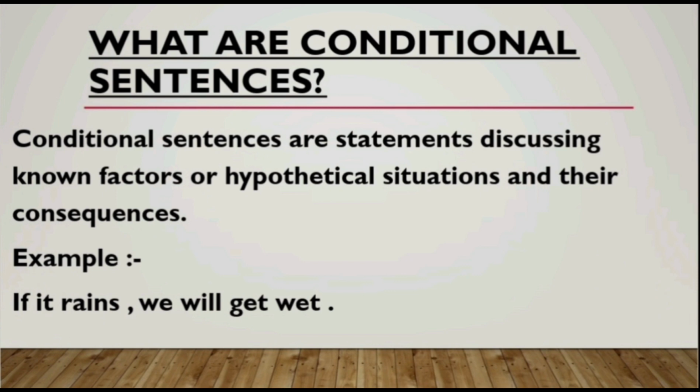So it expresses condition. If something happens, what would be the consequences, what would be the result of that? It is an assumptionary situation or a situation which is unlikely to happen.